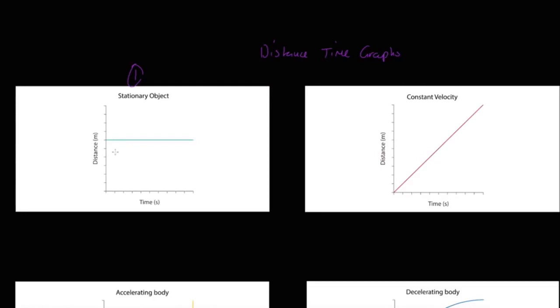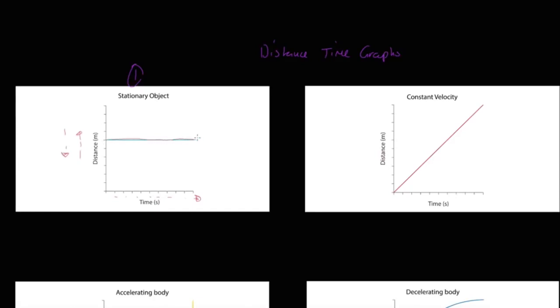If we've got distance on the y-axis and time on the x-axis, what we should see from a stationary object is that the distance traveled does not change as time passes. Time is passing like this, and the distance, whether it goes up or goes down, is remaining constant.